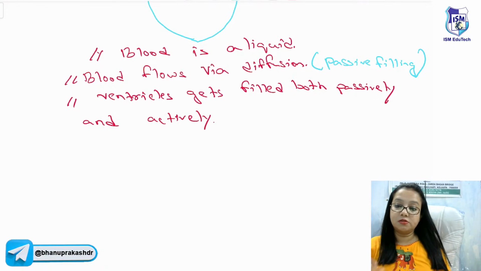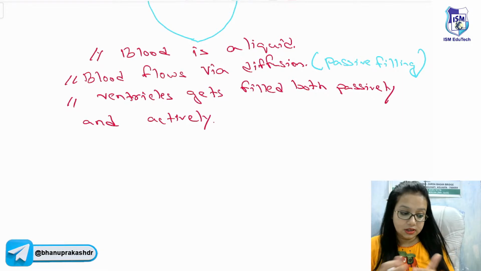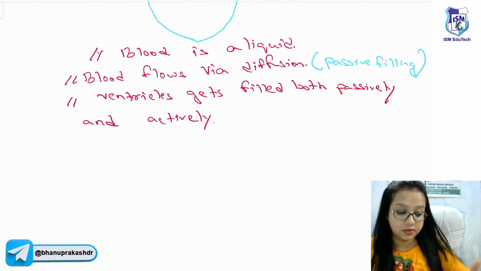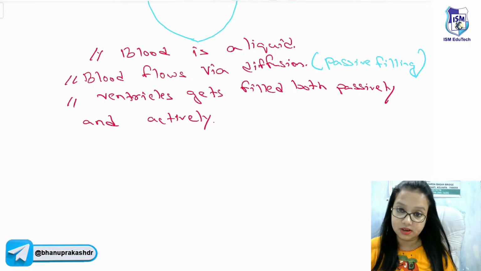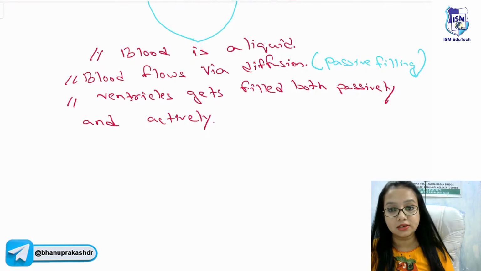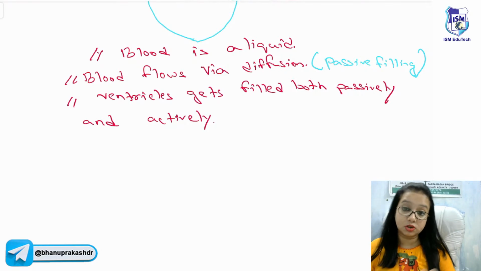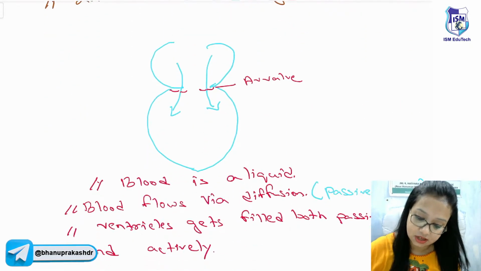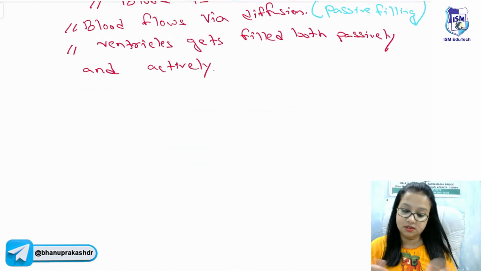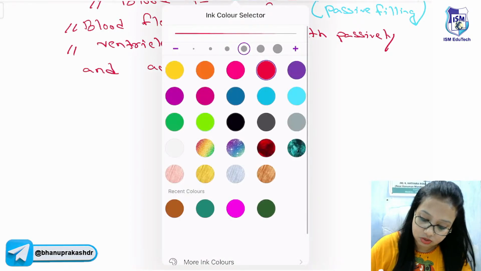Means there is filling of the ventricle according to the difference in the gradient, difference in the amount of the blood along the gradient, and also there is active filling of the ventricle which happens due to contraction.